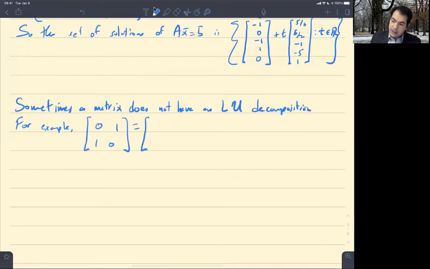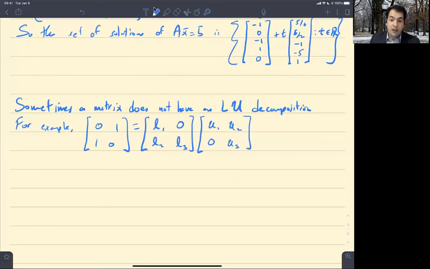And let's say that I try to write it as a lower triangular times an upper triangular. And here, let's not even impose that the lower triangular matrix have ones on the diagonal. Let's just try the most general lower triangular times the most general upper triangular.